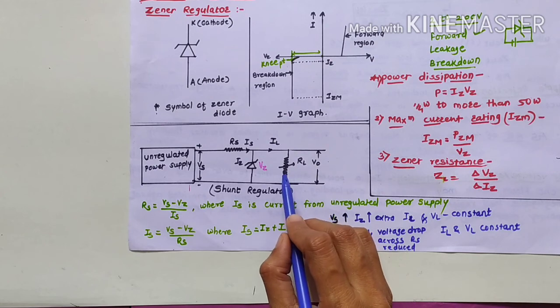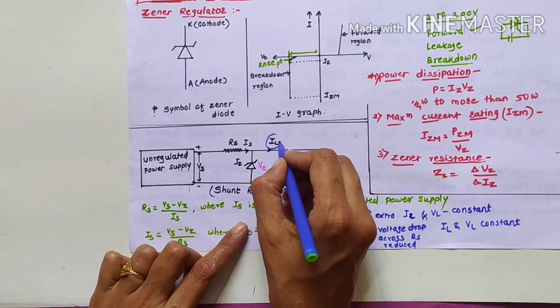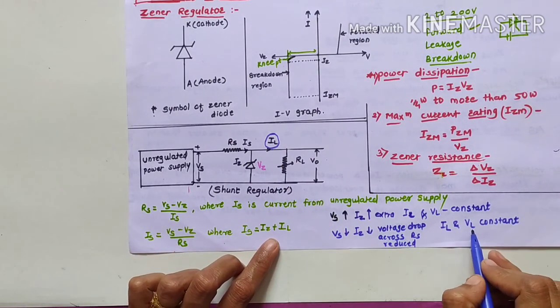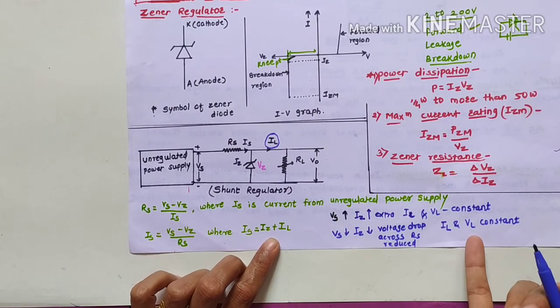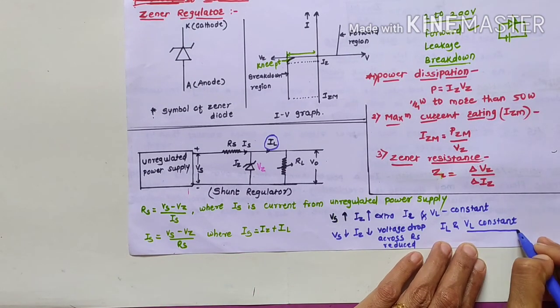IL is nothing but the current through this load resistance. As this is constant, VL is also constant. And if it is constant, we can say that this is the regulated voltage.